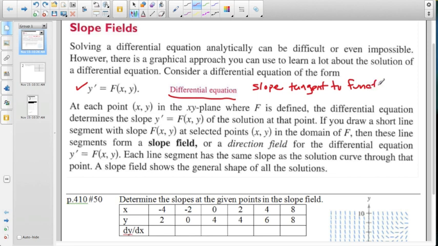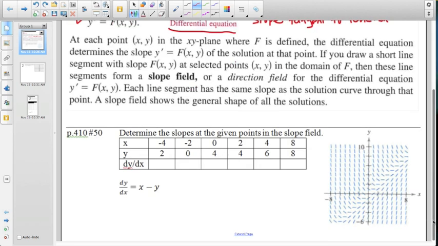at that particular point. So if we can create almost a grid system to show all of the values of those tangent lines at each particular point, then we can get an idea of the general shape of the solution, and also graph a particular solution through a specific coordinate.